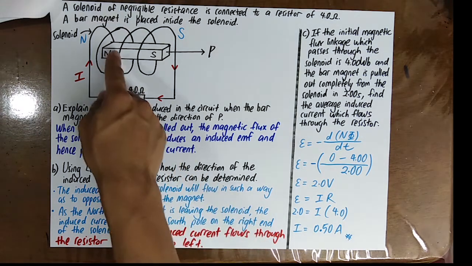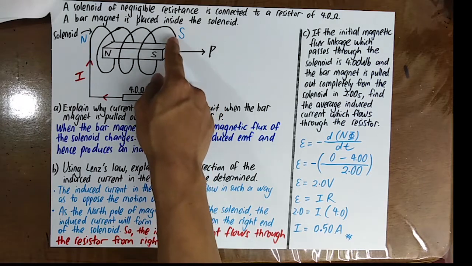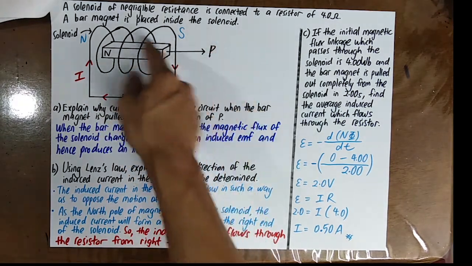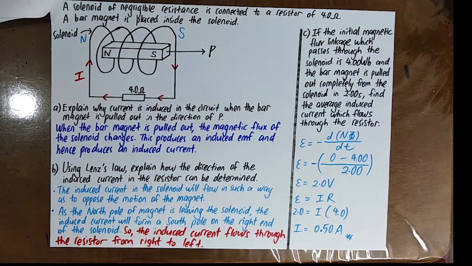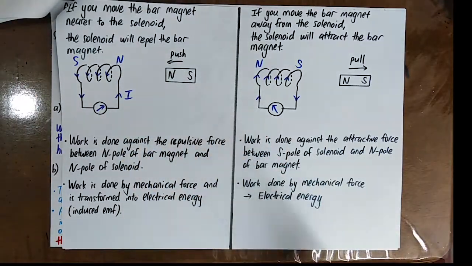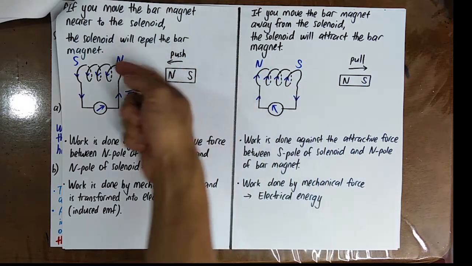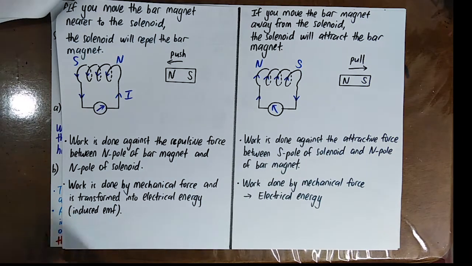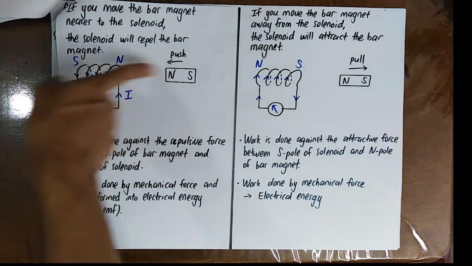Okay, that means that this is the north pole of the bar magnet, so here must be the south pole of the solenoid, so that the solenoid can attract the bar magnet when the bar magnet is leaving the solenoid. And you recall what we have learned in the last video. When you want to push the bar magnet towards the solenoid, the solenoid does not want you to approach, so the solenoid will try to repel you.